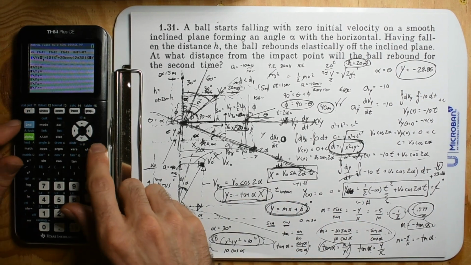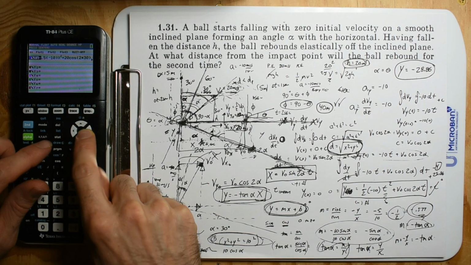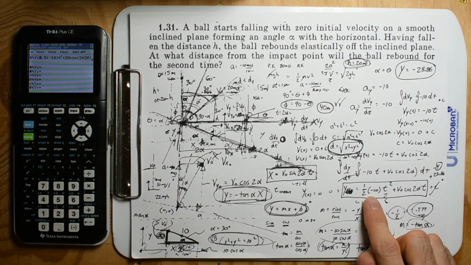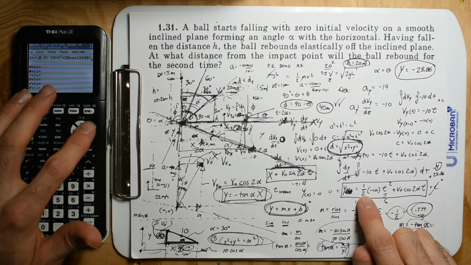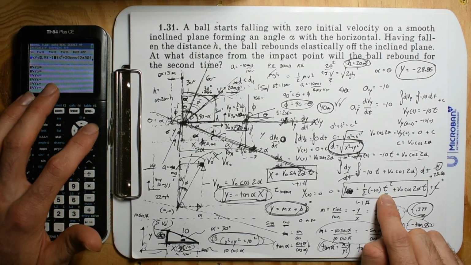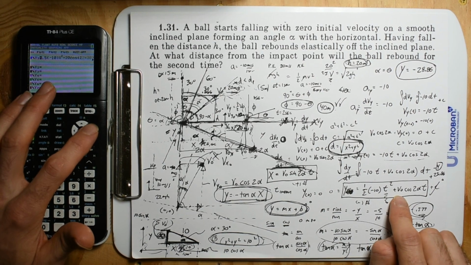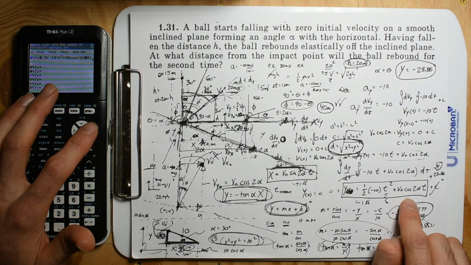Oh, whoa, whoa, whoa. Oh, bummer. I don't know why it didn't like that. Okay, so why doesn't it like this? So we have 1/2 times negative 10 x squared plus 20 cosine of 60. Yeah, we're good there.